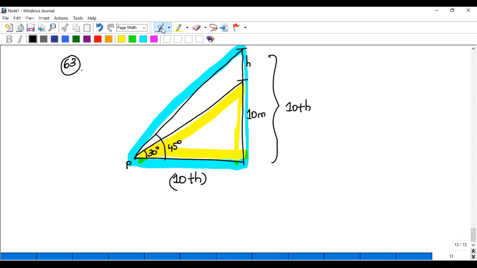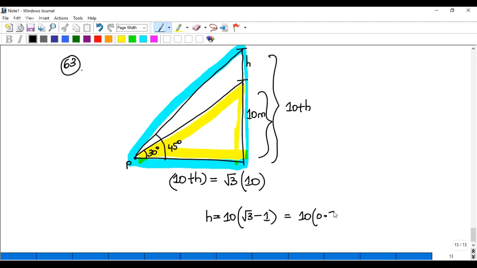And in my 30-degree triangle, I know that the distance will be equal to root 3 times the height. The height here is only 10 meters. So I'll get directly the height is 10 into root 3 minus 1, is 10 into 0.73, 7.32 meters.